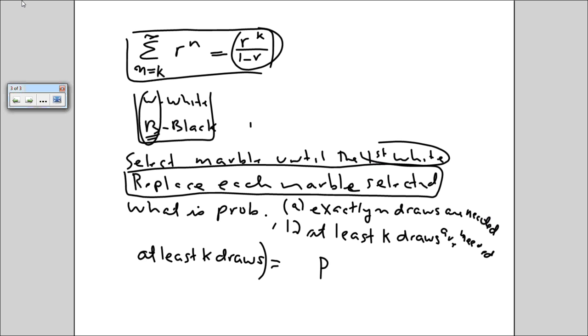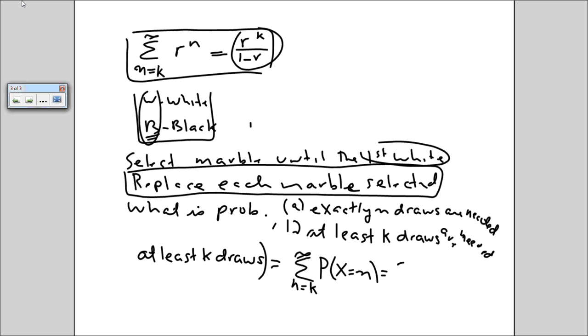It's going to be the probability that x is n. I'm going to add up many, where n can be from k to infinity.